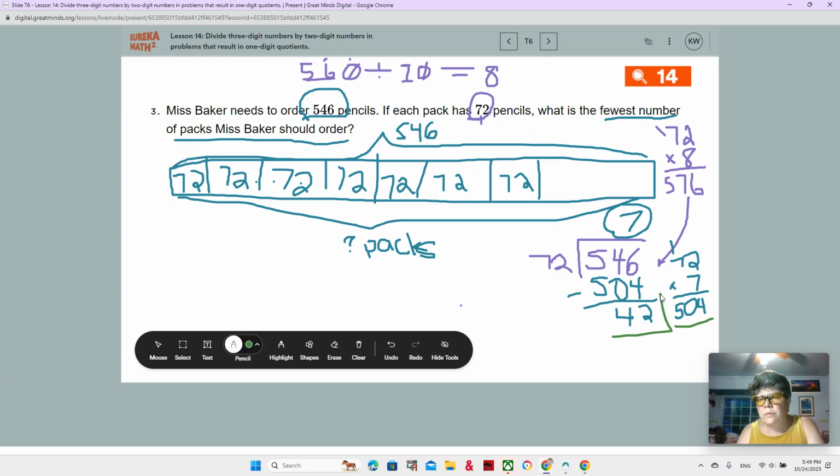So what are we going to do with this 42 left over? We have to order another whole pack of pencils, right? So sometimes we have to interpret our remainder and think about what that really means. So we need to get another pack of pencils. So what's the fewest number of packs she can order?